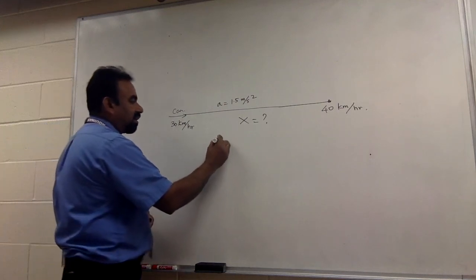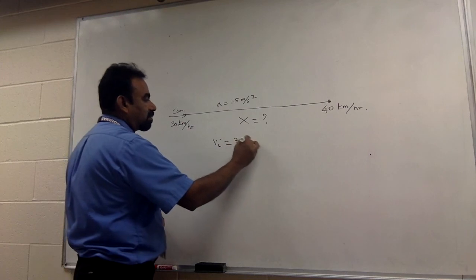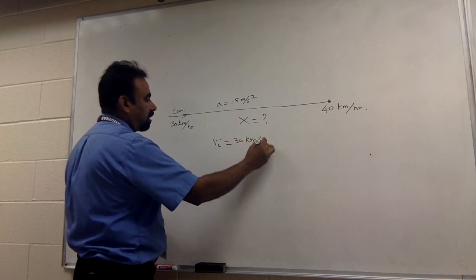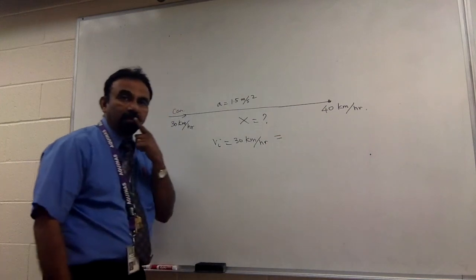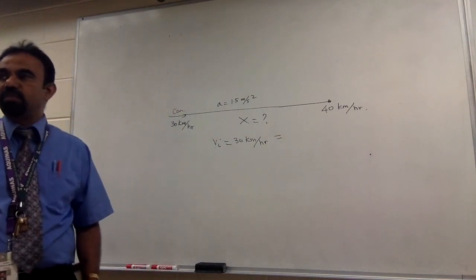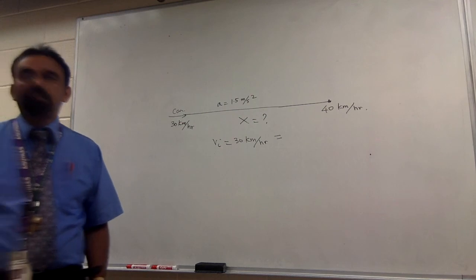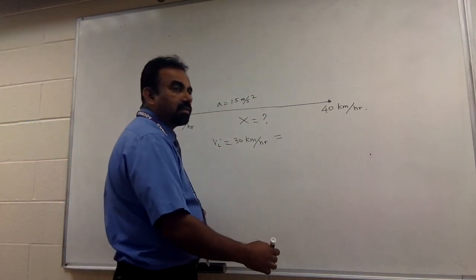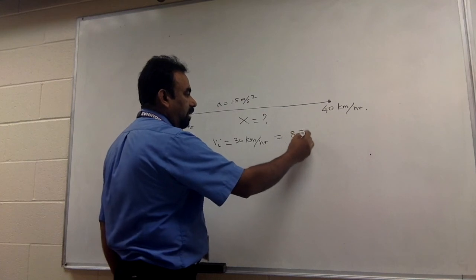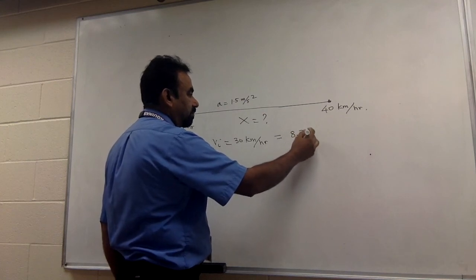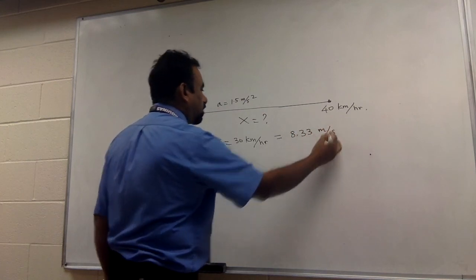So what is initial velocity? 30 kilometers per hour. You can't use that. You have to change it to meters per second. How do you get kilometers per hour to meters per second? Divide by 3.6. What do you have? 8.33 meters per second.